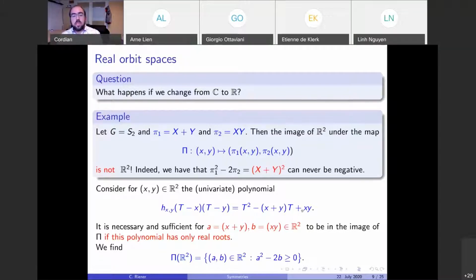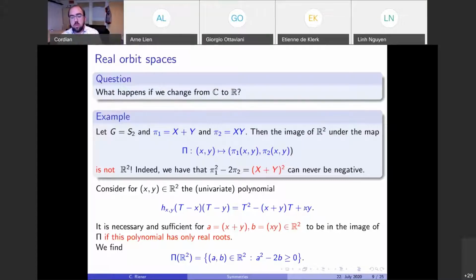For a point A to be of the form x plus y and B of the form x times y, that is, to be in the image of this map, it is necessary and sufficient that this polynomial only has real roots.